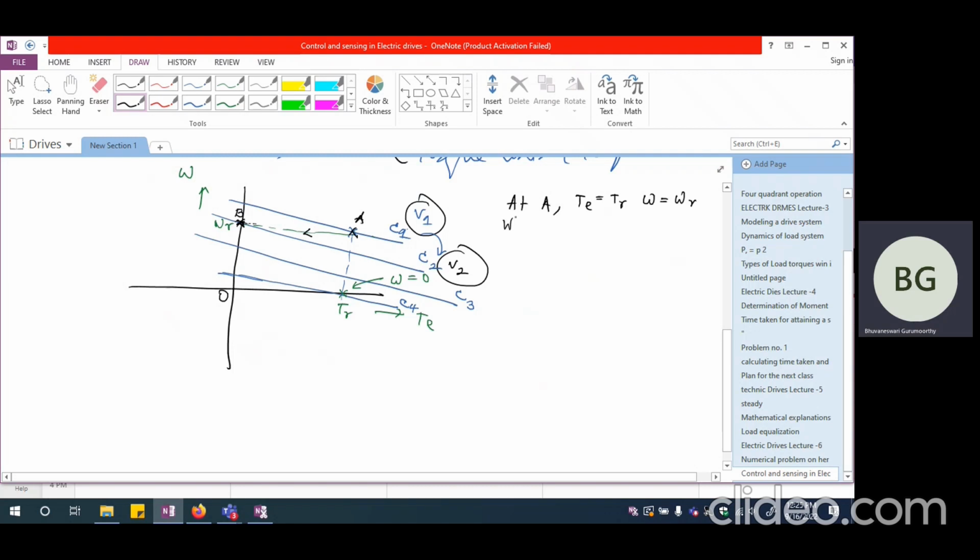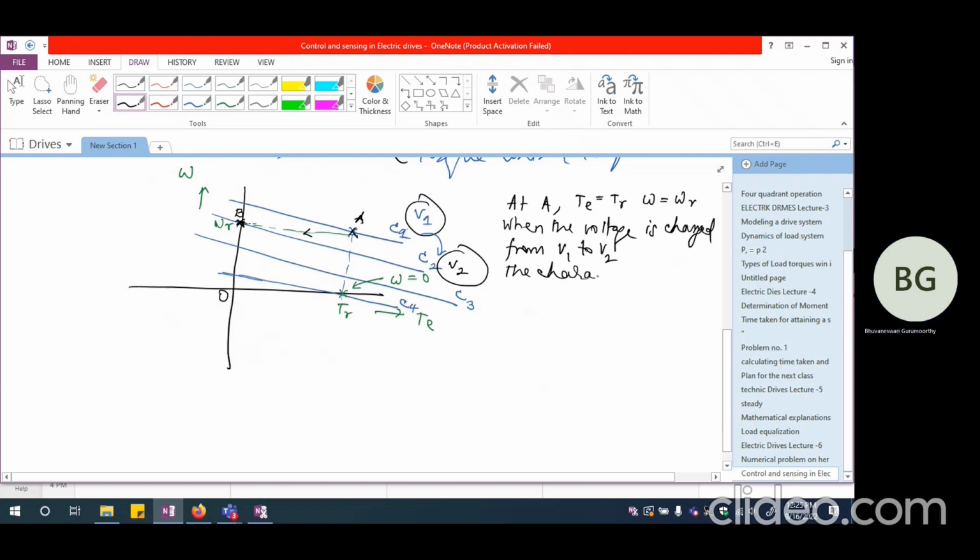But when the voltage is changed from V1 to V2, the characteristics followed by the motor becomes C2.